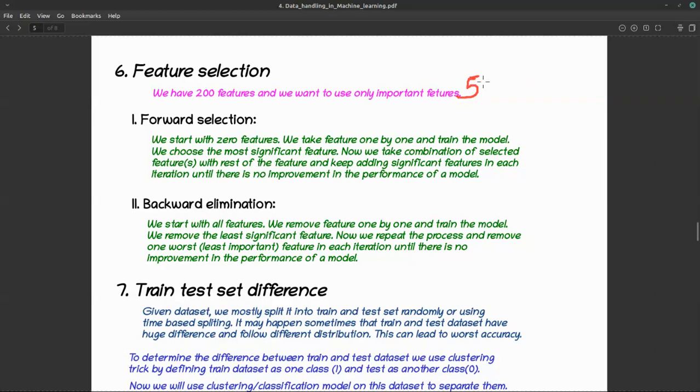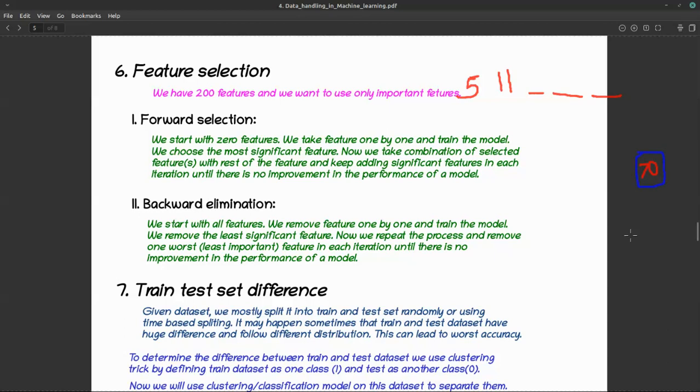Then I train the model with the pair, or you can say the combination of two. Let's say 5 and feature number 11 give me the highest accuracy, say 70. Again I select for the third feature, then the fourth, then the fifth.